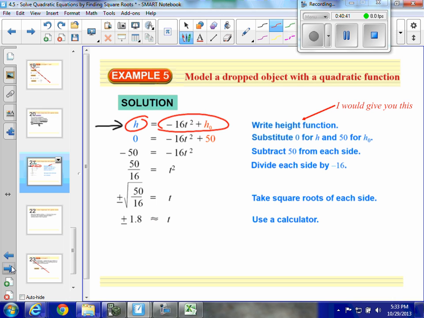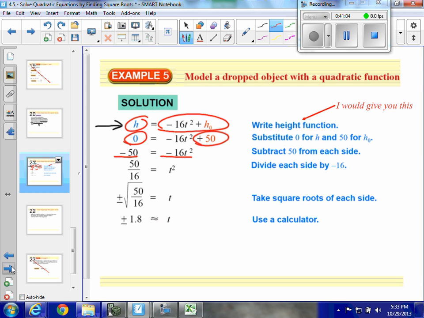So this is our formula. This is the height. We know that the height when it lands is going to be 0, right? That's going to be splat. Maybe not splat, depends on how well you design your container. The original height is 50 feet. They gave that to us in the problem. So now I'm going to subtract 50 from both sides. So I have negative 50 equals negative 16t squared.